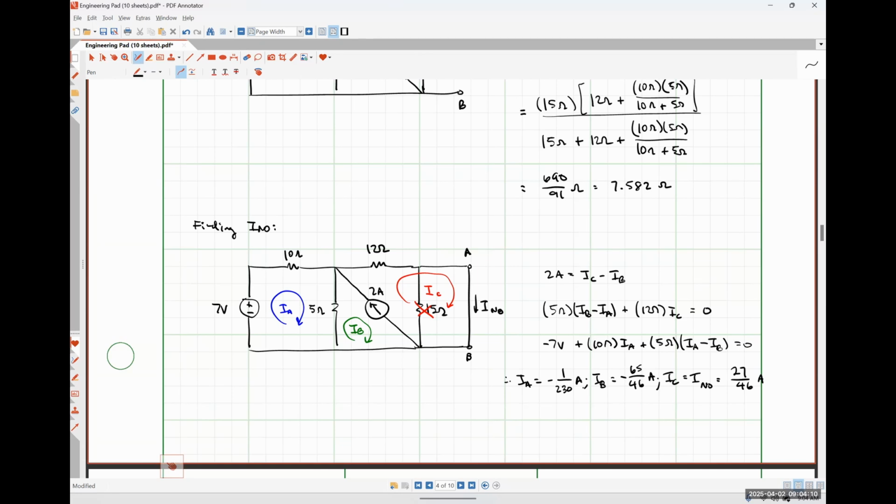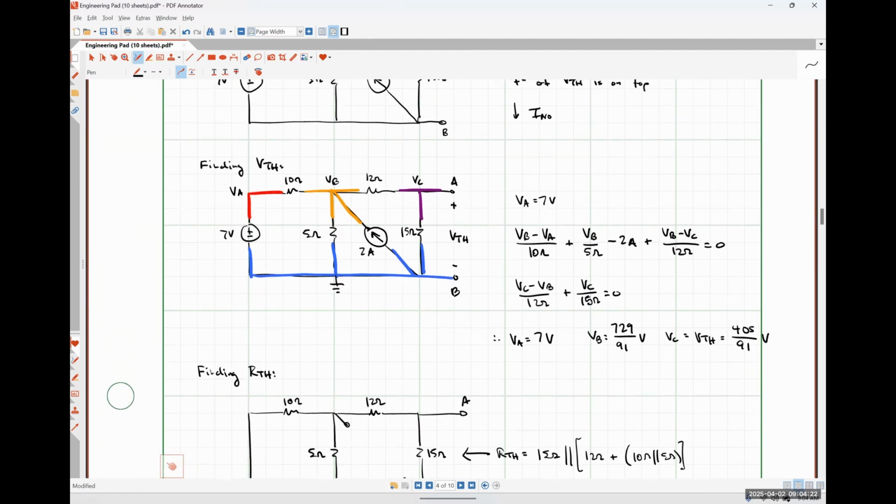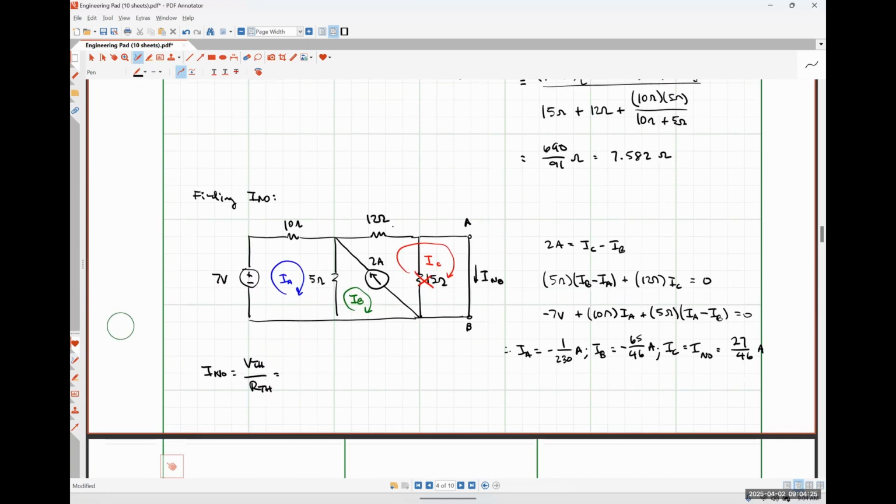So if I do I Norton is equal to VTH over RTH, that would be 405/91 divided by 690/91, which is just going to be the same as 405/690. So 405/690 is 27/46. So we must have done all three parts correctly.